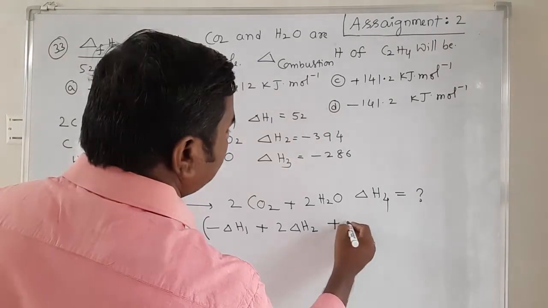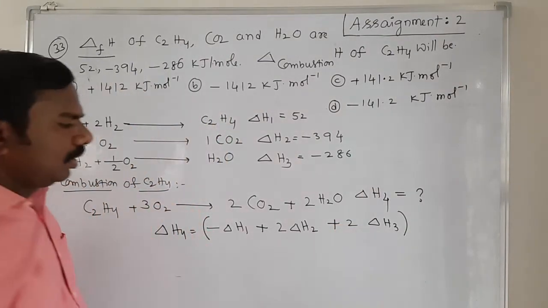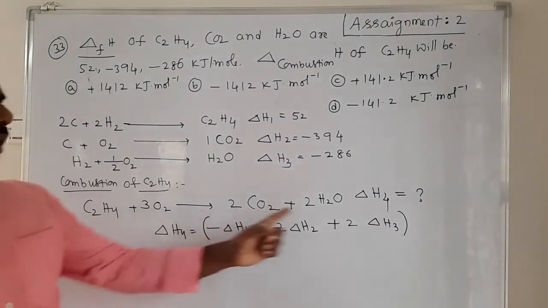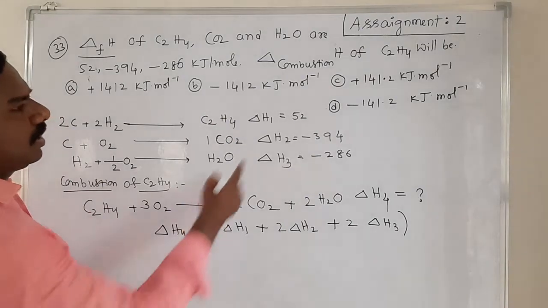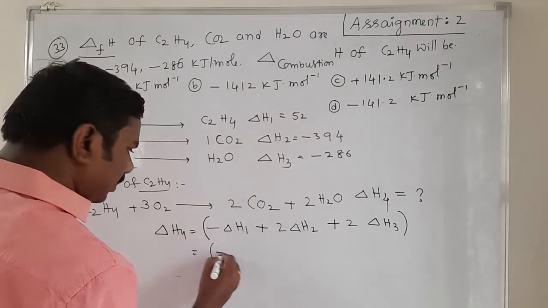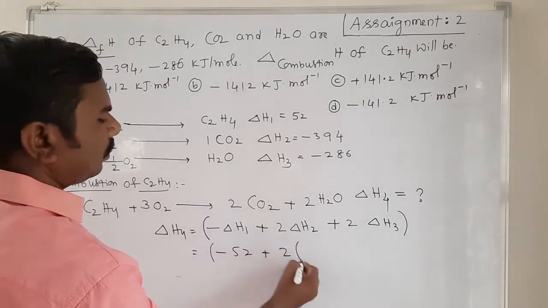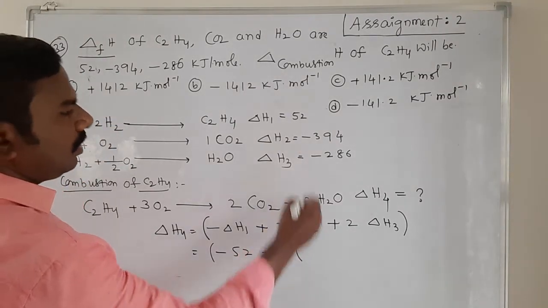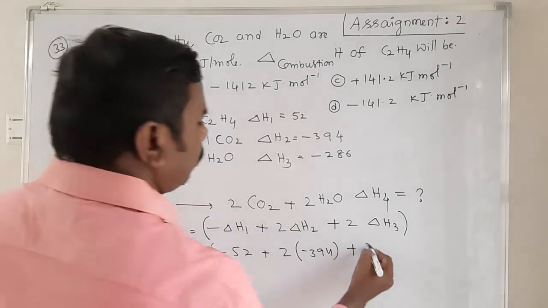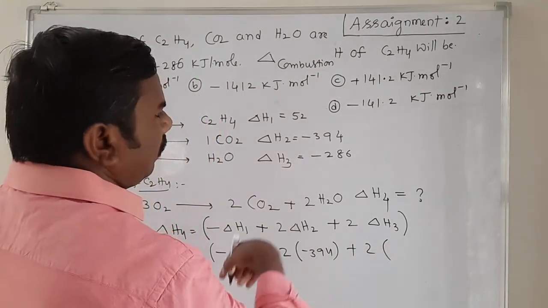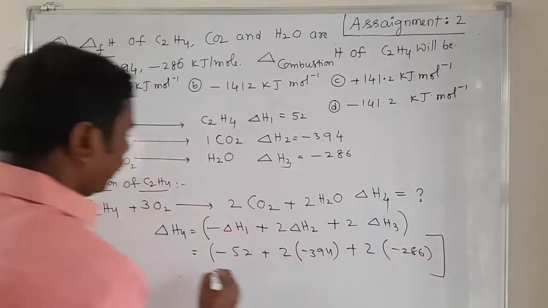So that's why equation 3 is also multiplied by 2. Then only we will get this H4. The values given: delta H1 is 52, plus 2 into H2 value, minus 394, plus 2 into H3 value, minus 286. Getting, students?